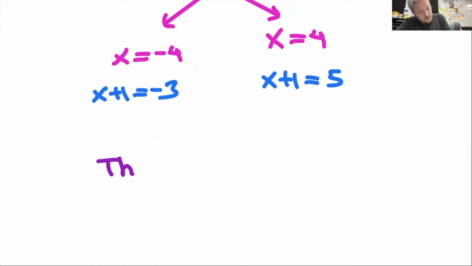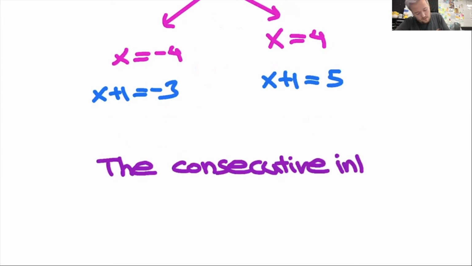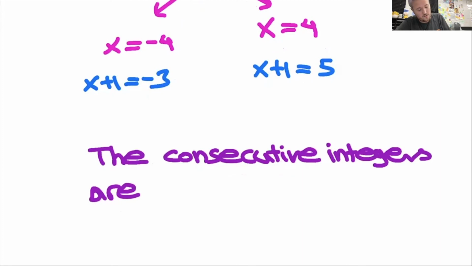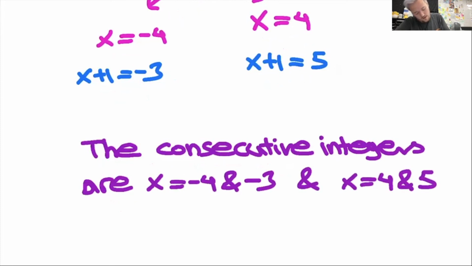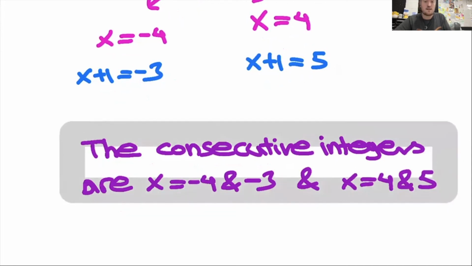So the consecutive integers, let's start with the smaller one first. So x equals negative 4 and negative 3, and x equals 4 and 5. So these are the consecutive integers.